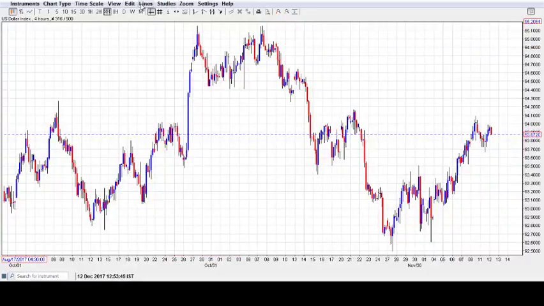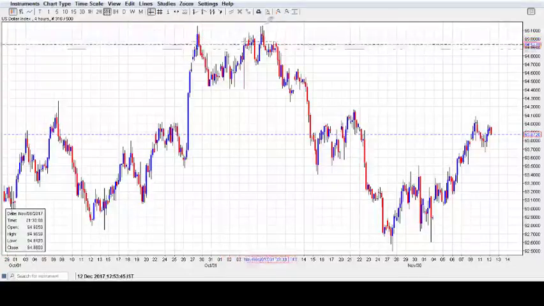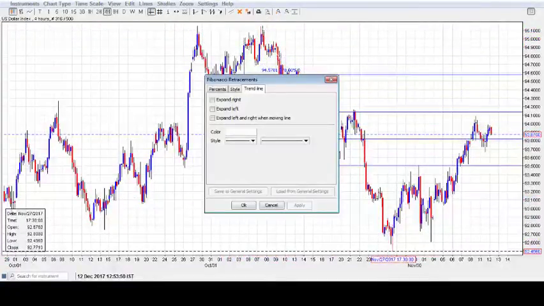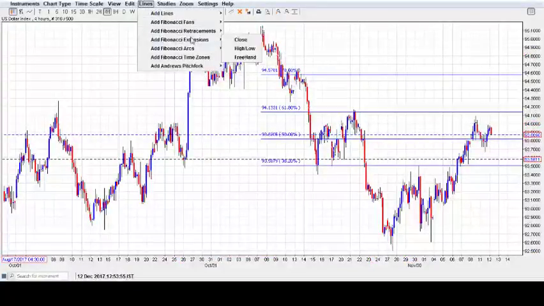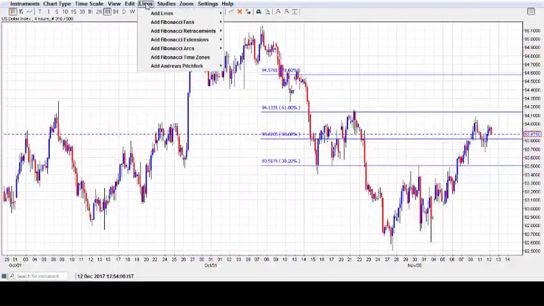Looking at the wave counts on the 4-hour chart, dollar index is still looking very good for yet another high towards 94.20, the reason being very strong convergence coming around that level.